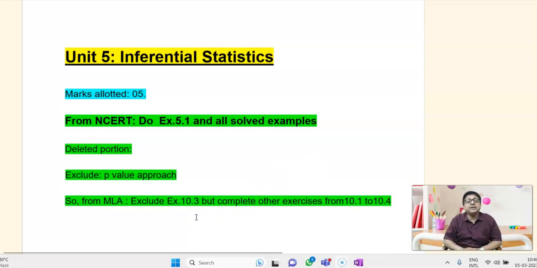There is one advantage of doing these reference books. Apart from NCERT support material, you will find many case-based questions there at the end, and MCQ questions. You practice those questions. MCQs are important from all the topics, but especially from this introduction to inferential statistics, because understanding plays a vital role in inferential statistics.